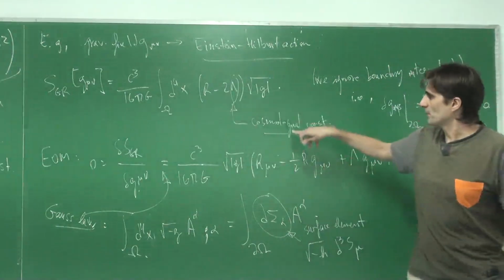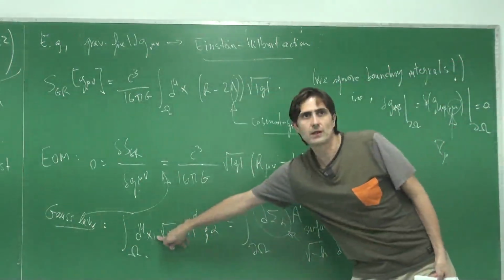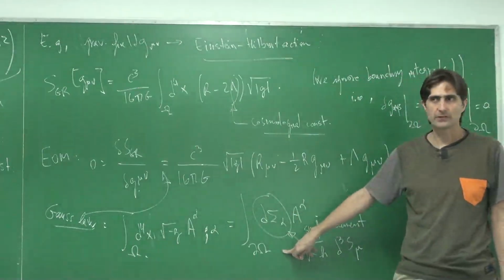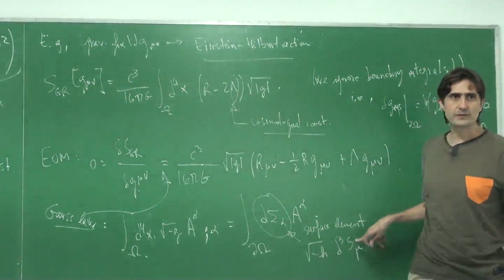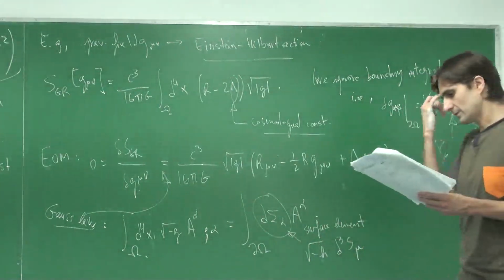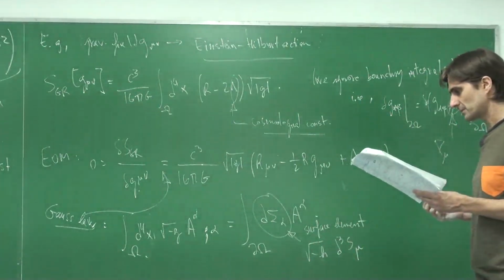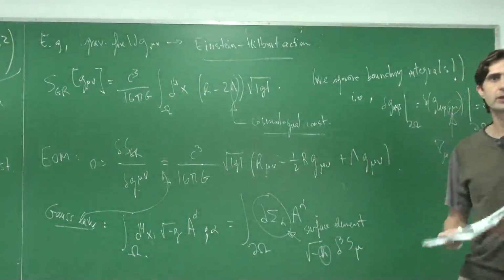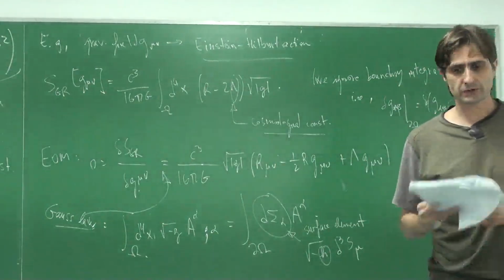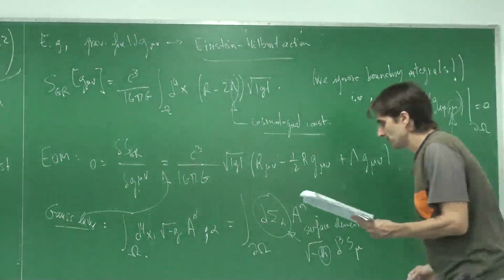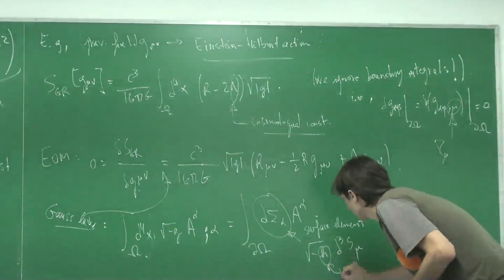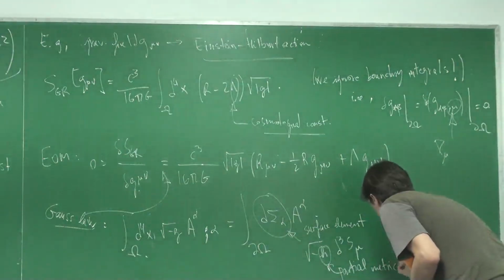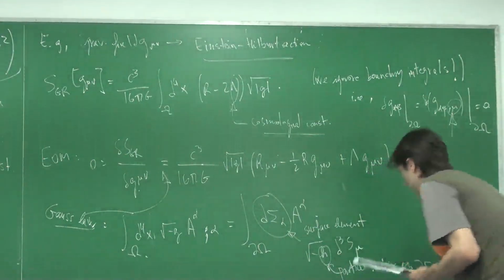So if we started off with a 4-dimensional volume, and this is a boundary of the four-dimensional volume, therefore there's a three-dimensional region. And h is just the induced metric on that boundary, on the boundary of omega.